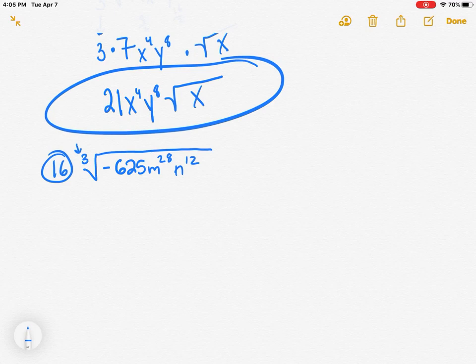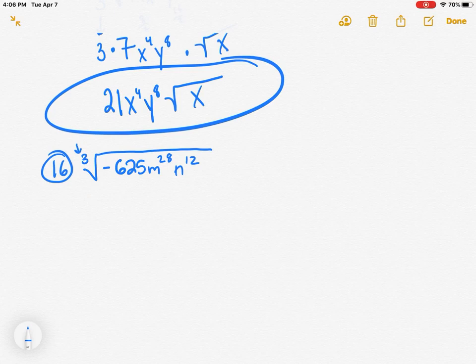So what I want to do as well is figure out what is the biggest perfect cube that I could take out of 625, or negative 625. Right? Remember, if it's a cube and it's a negative, our perfect cube, when we cube it, is going to end up being a negative number, right?